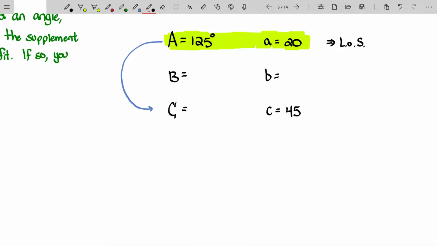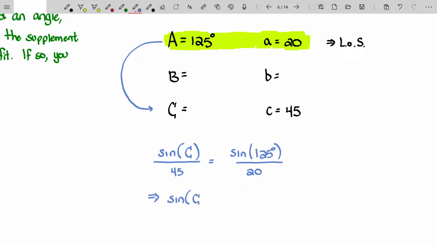We know that the sine of that angle, I'll write all my work in blue here. So the sine of that angle C is to the side C as the sine of angle A, which is 125 degrees, is to the side A, which is 20. If you multiply both sides by 45, you will get sine of C is equal to 45 sine of 125 degrees divided by 20.